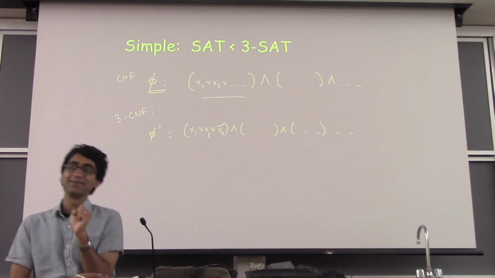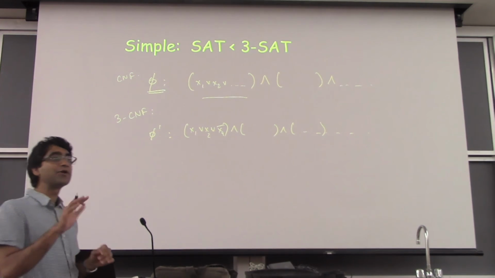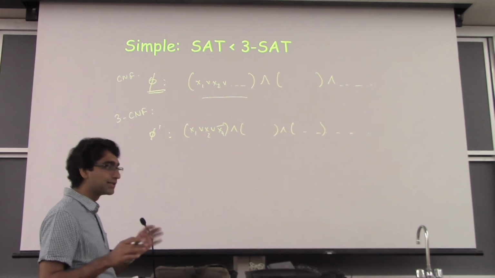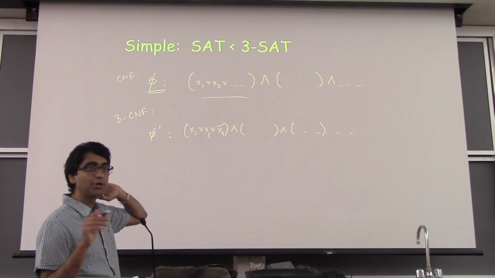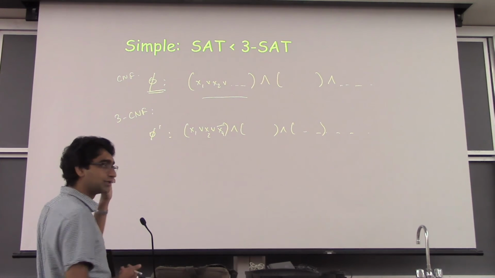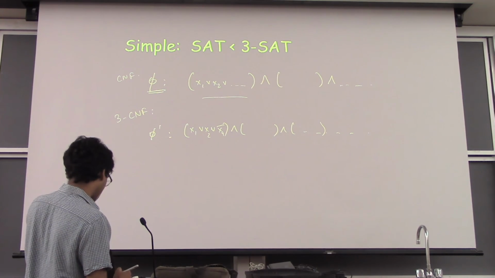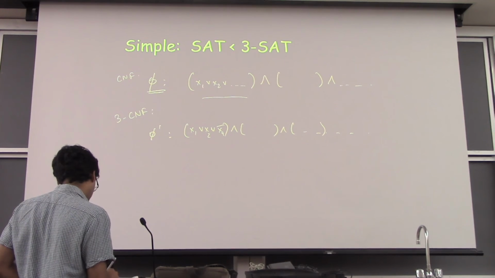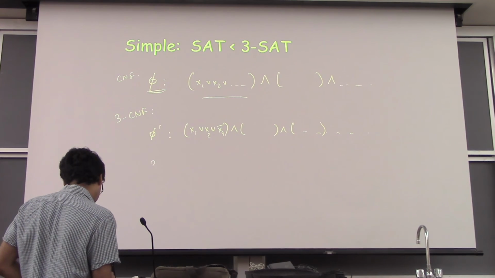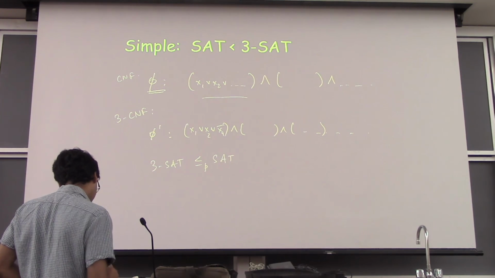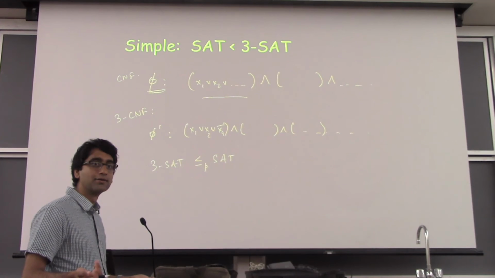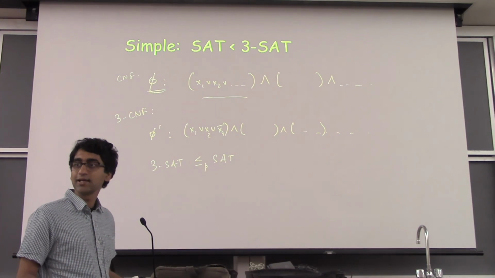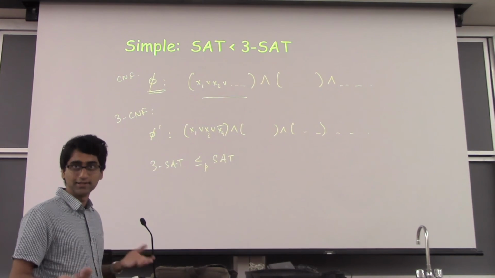When you're thinking of reductions, this is why I introduced this less-than-or-equal-to notation, because that makes this intuitive thing clear. It's easy to say that 3SAT is at most as hard as SAT, that is, 3SAT reduces in polytime to SAT, because 3SAT is a special case of SAT. So this is easier.